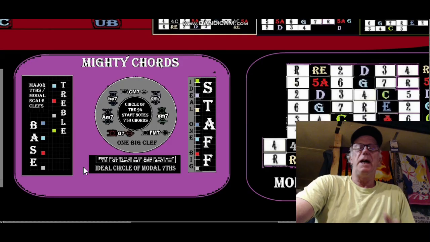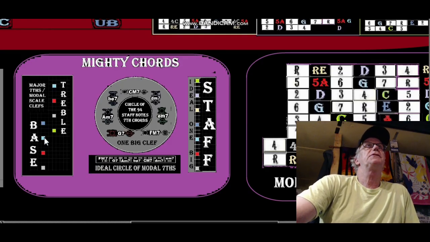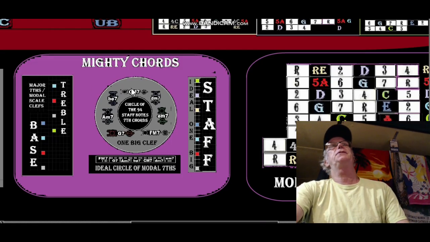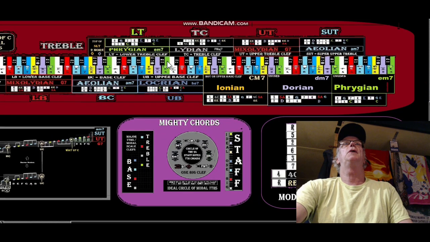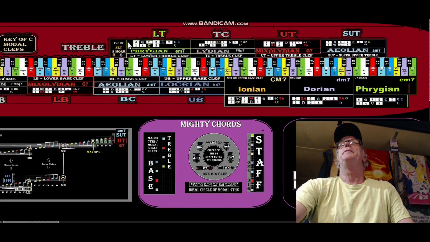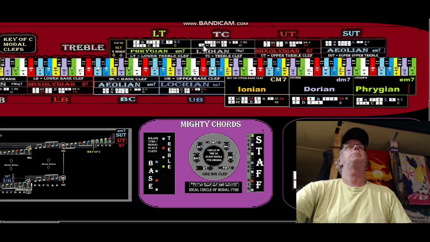But we don't have the ideal situation. We have two staffs. So we have the bass staff that goes up to the upper bass staff, and then we start again down here with the treble. So we've had classes on that before, and that's why the labels start again over here, kind of overlapping.